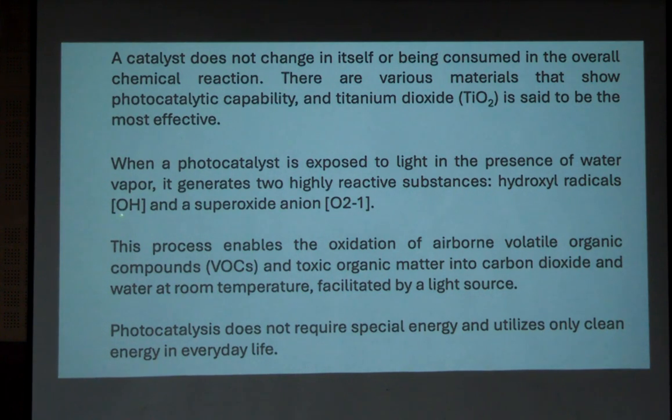So OH can participate to destroy the organic pollutant, and once the organic pollutant is destroyed, the contaminated water becomes clean water, or water that can be used for the next cycle.